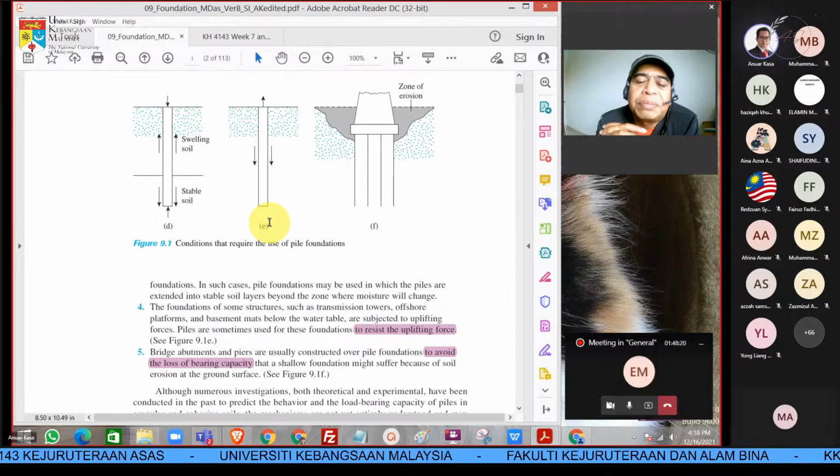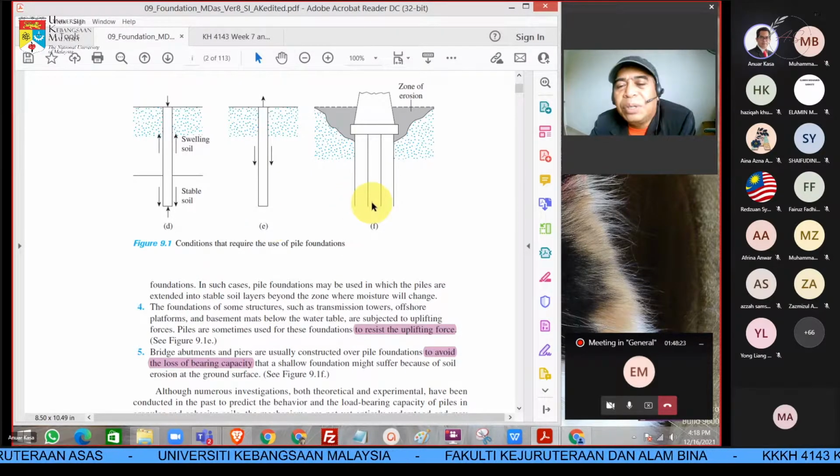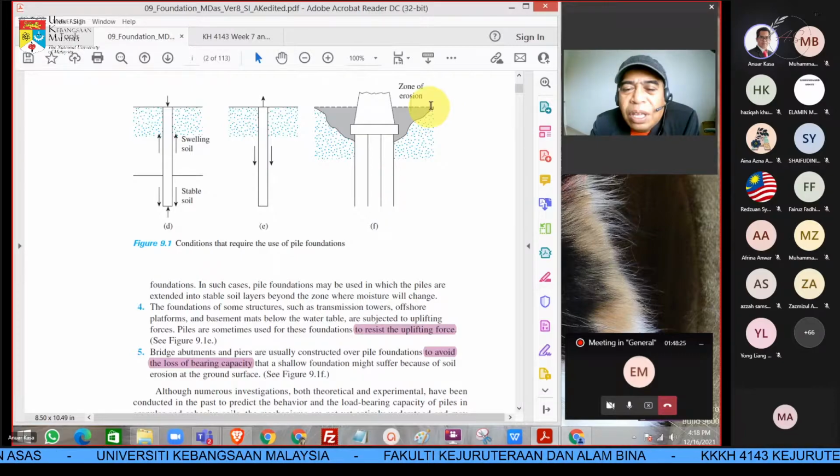And the last one is when we have a zone of erosion, something like this one. It's not suitable to have a shallow foundation because we have a zone of erosion, like in the abutment or something like that.